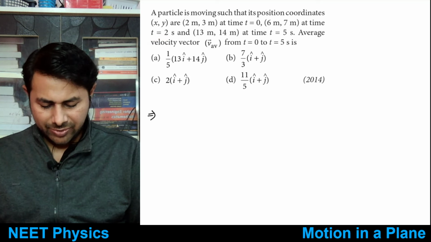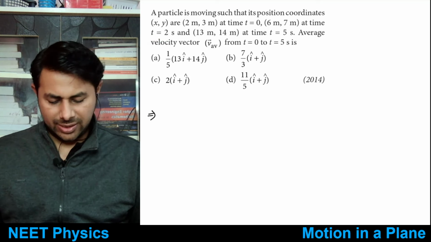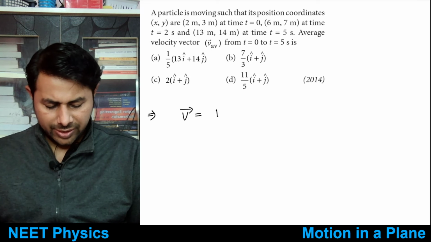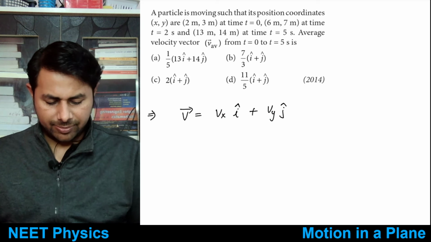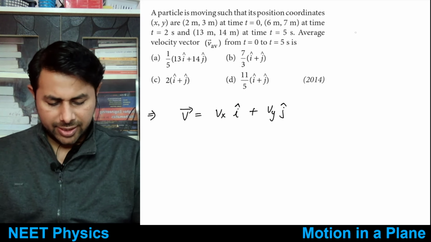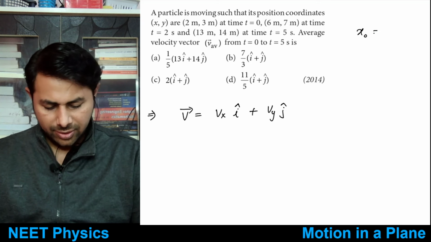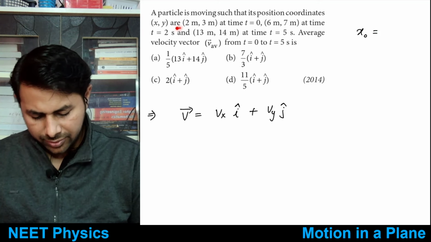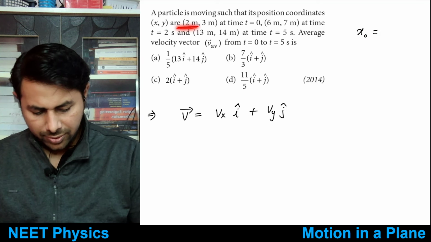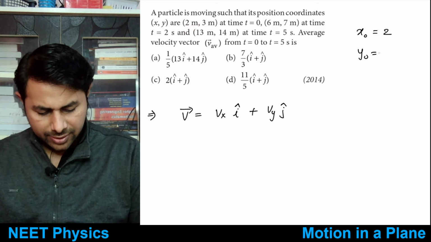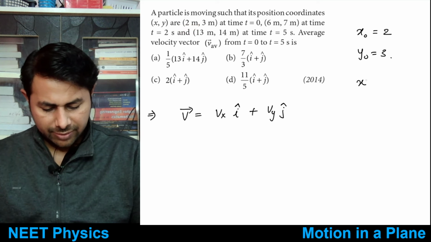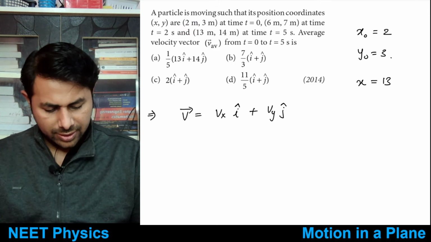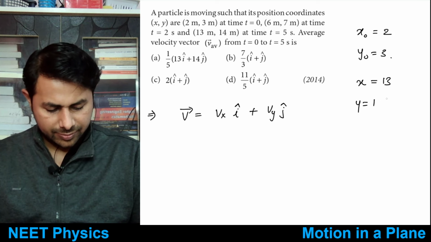So what is average velocity? You can say v bar is equal to vx into i cap plus vy into j cap, okay? So let's say starting position is x naught, y naught. So x naught is equal to what? At t equal to 0, x naught is 2 and y naught is 3. And at time t, x is equal to 13, y is equal to 14.